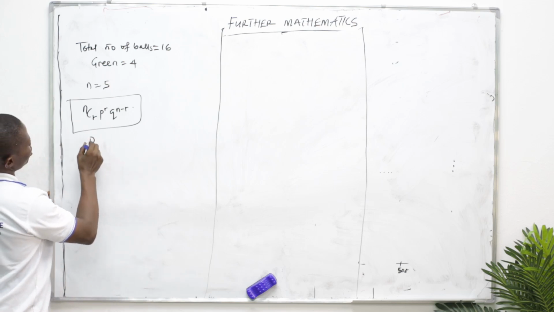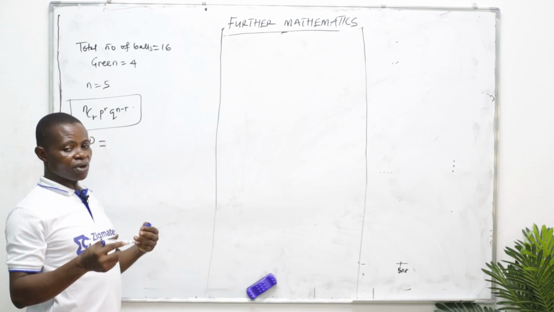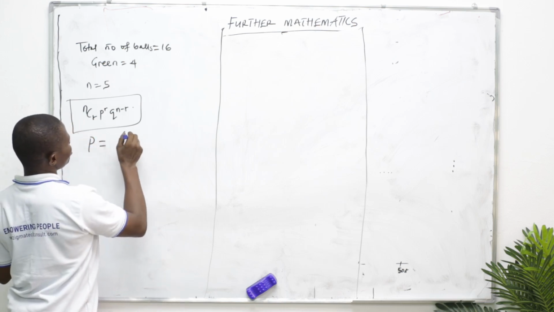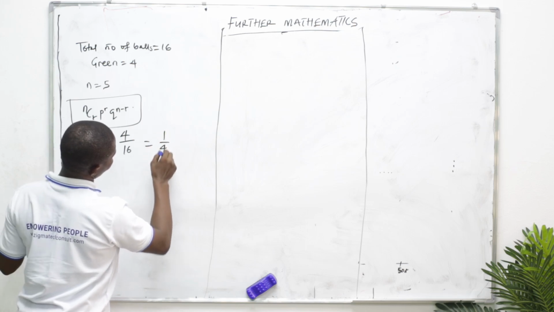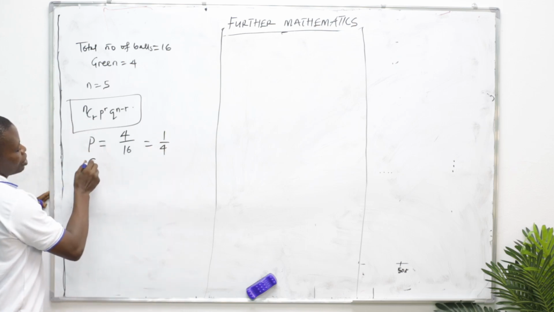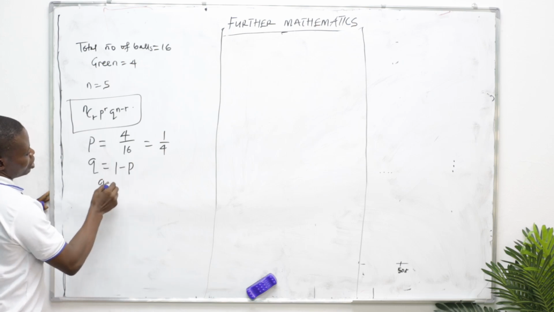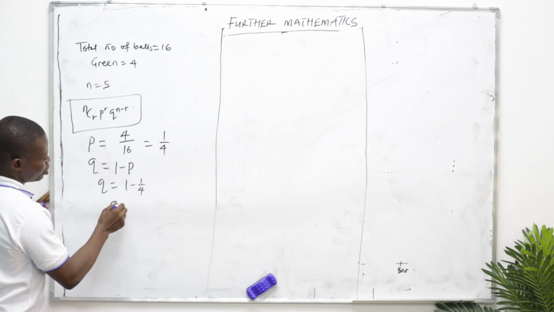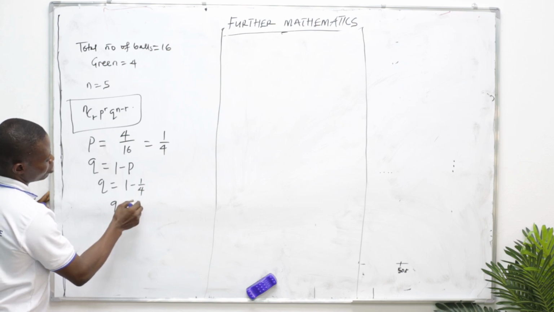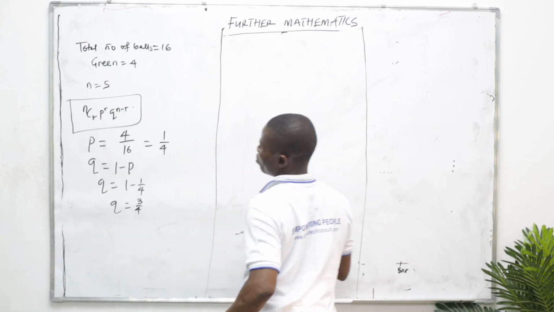So here now P is success. So if the boy succeeded picking 4 green, meaning the success here is 4 over 16. That is 1 over 4, okay? Now Q here now will be what? 1 minus P. Q now equals 1 minus 1 over 4. Q equals 3 over 4. So the failure is 3 over 4.